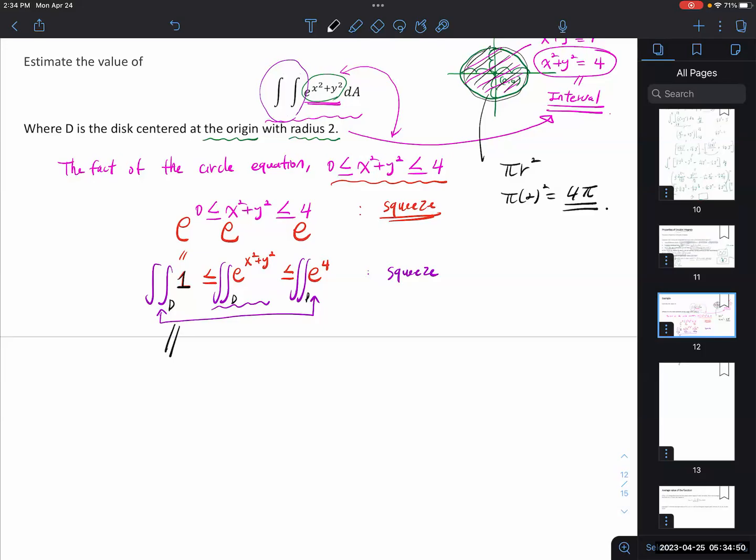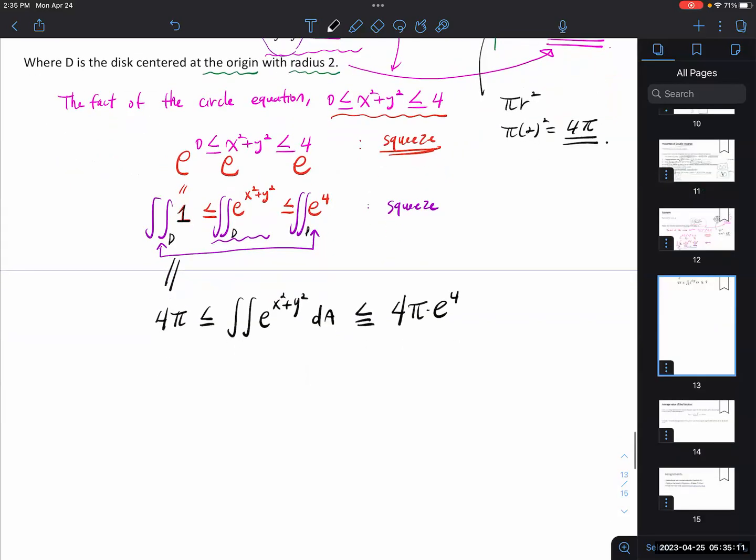So this is going to be 4 pi, and then the integral of e to the x squared plus y squared dA. The upper bound is the same as 4 pi times e to the 4, or you can write 4 pi e to the 4.